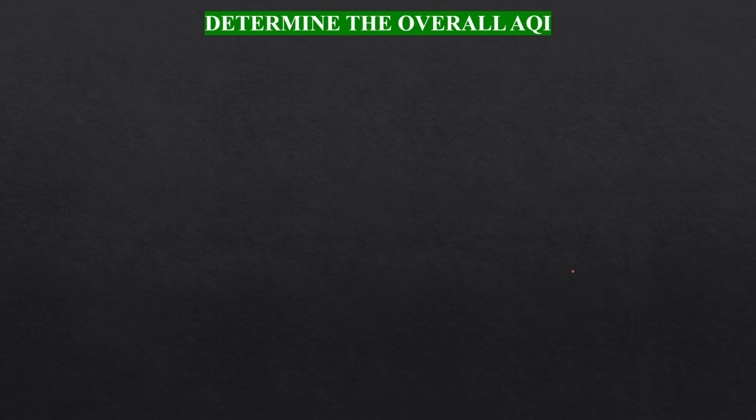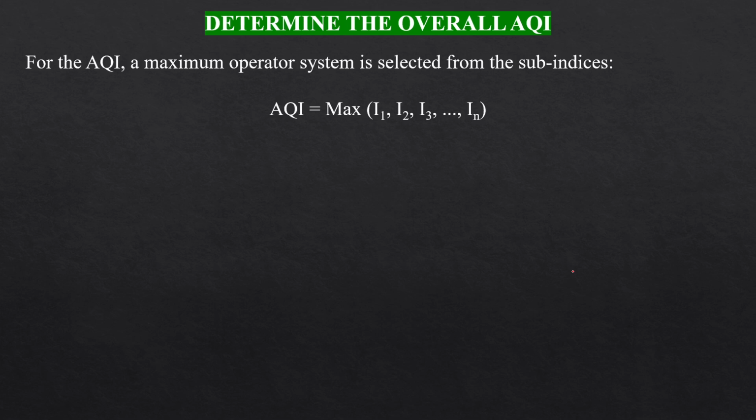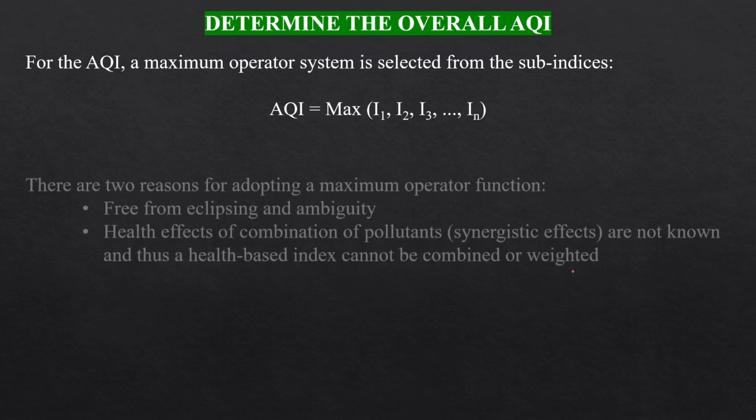Now determine the overall ambient air quality index. India, or CPCB, adopted the maximum operator system for determining the overall air quality index, which means that out of these 8 pollutants, whichever individual sub-index is maximum will be the overall air quality index.